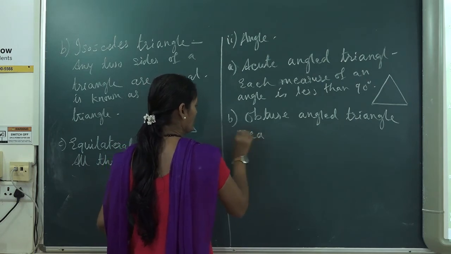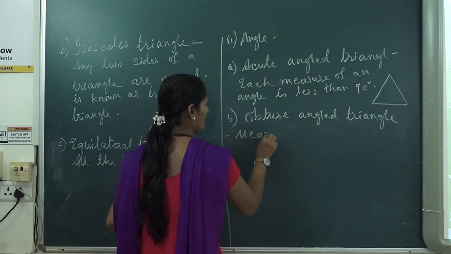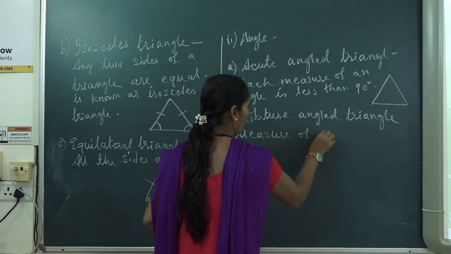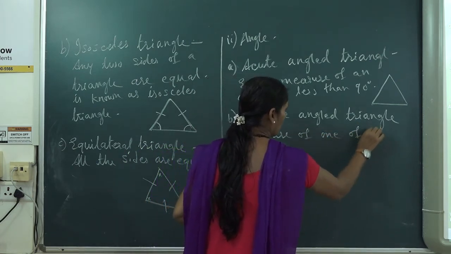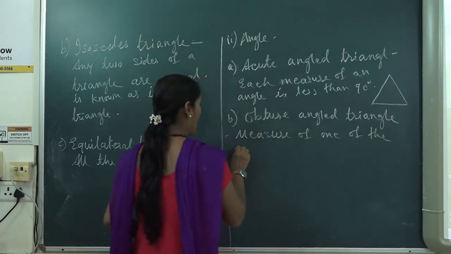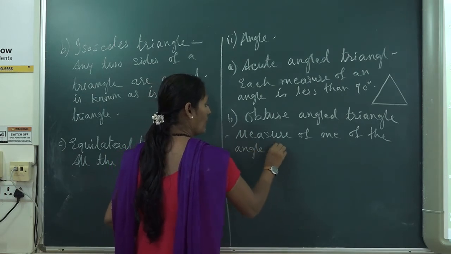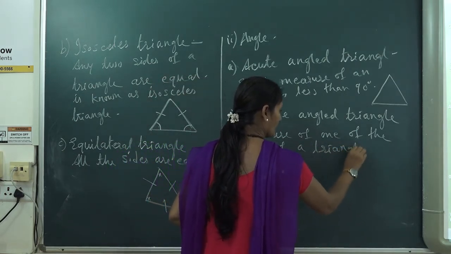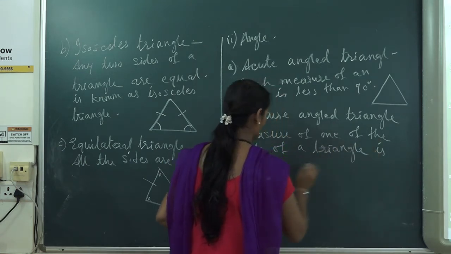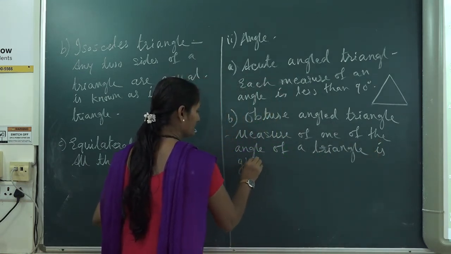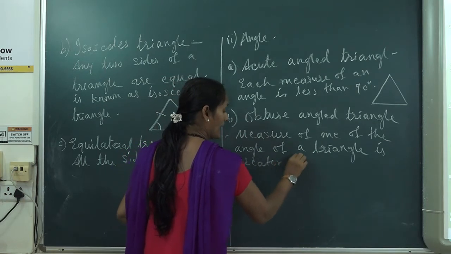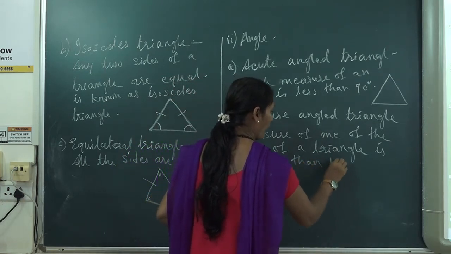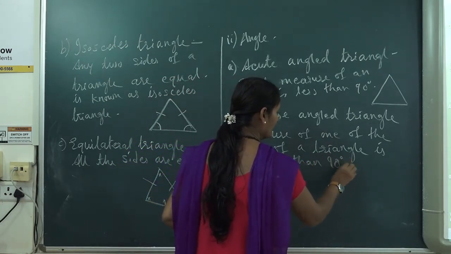Now definition for this is: measure of one of the angle of a triangle is greater than 90 degree.